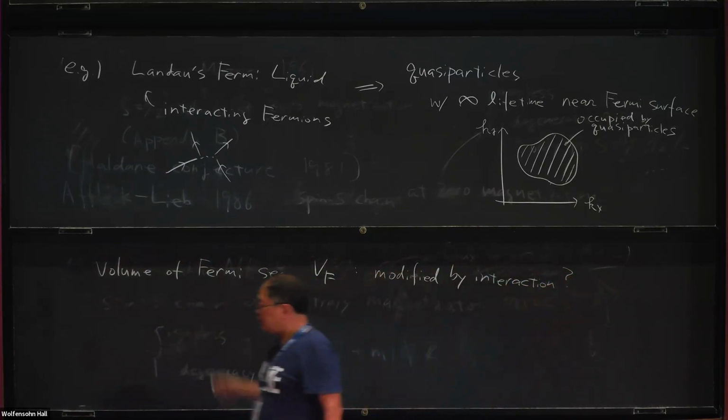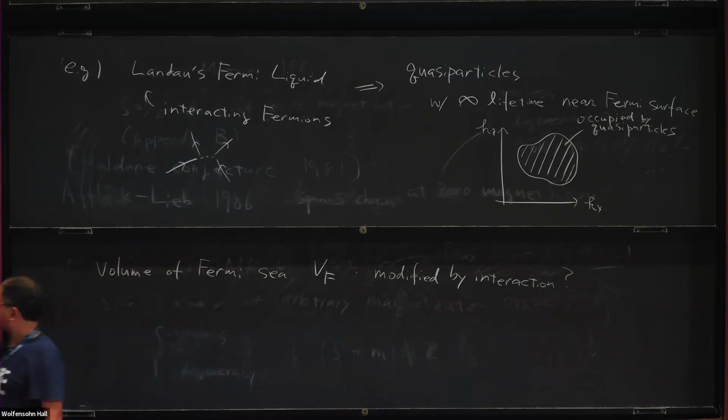And this question can be answered using this kind of argument. That is, you place this Fermi liquid on a torus or something, and then do this adiabatic insertion of AB flux, and ask how much momentum is gained by the system due to this flux insertion.